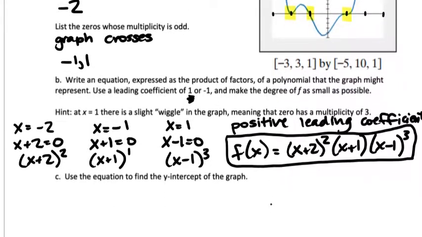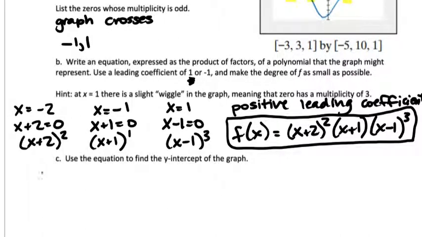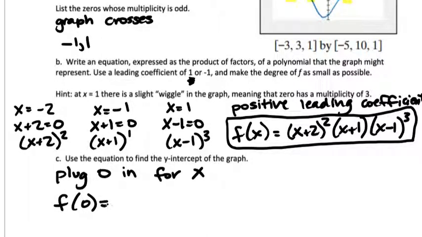And then part C says use the equation to find the y-intercept of the graph. And as you remember, we find the y-intercept by plugging 0 in for x. So I'm going to plug that in to my new function that I just found. So it's going to be 0 plus 2 squared times 0 plus 1 times 0 minus 1 to the third.